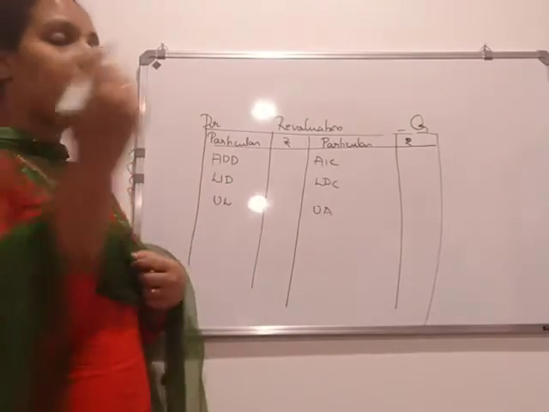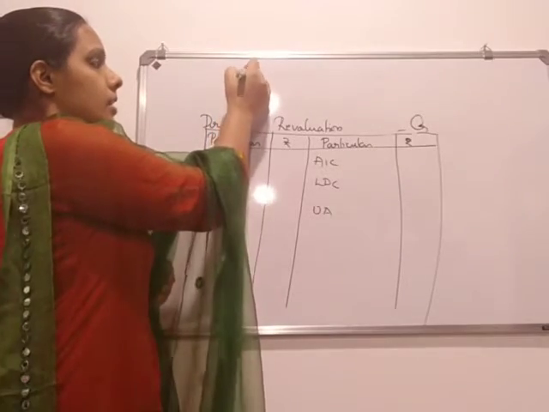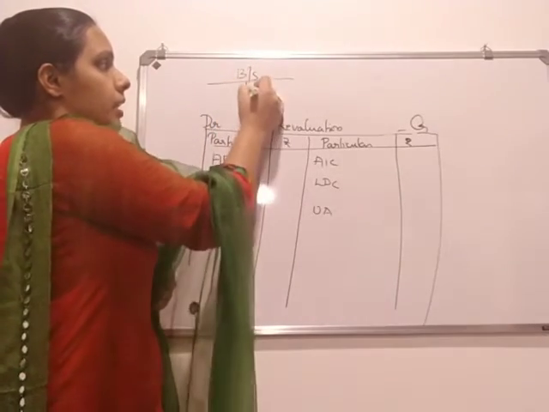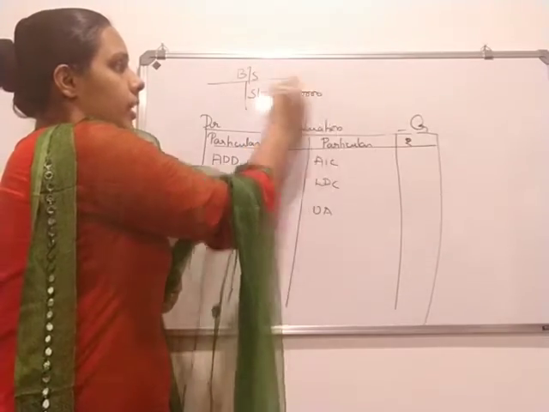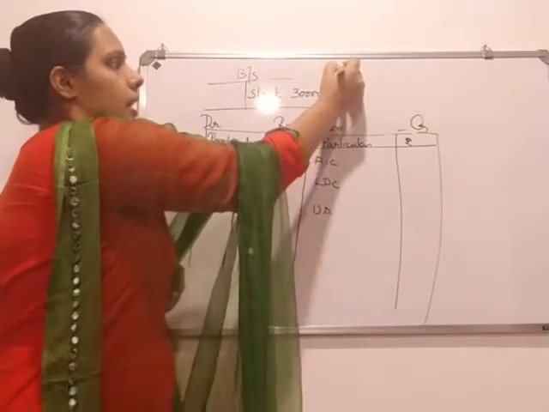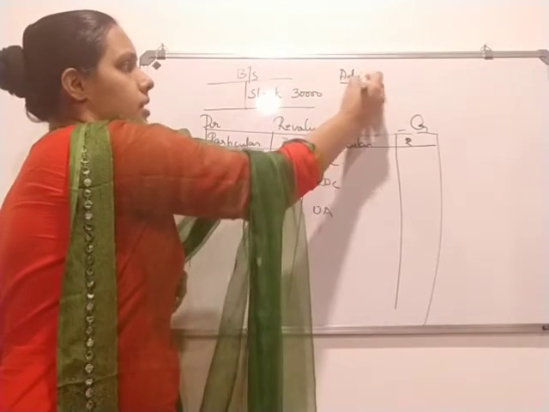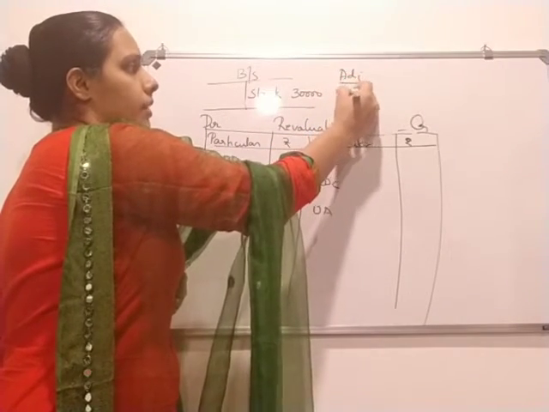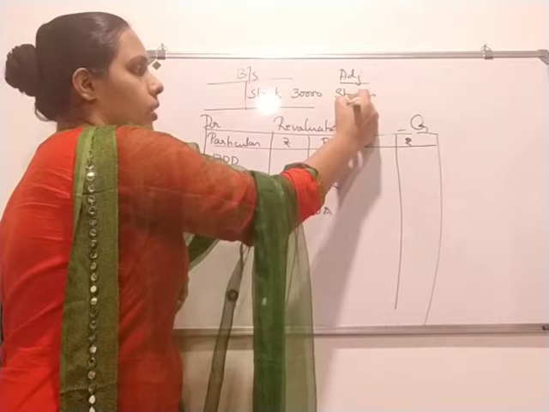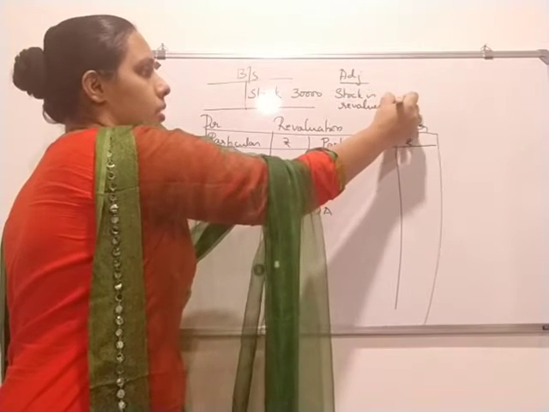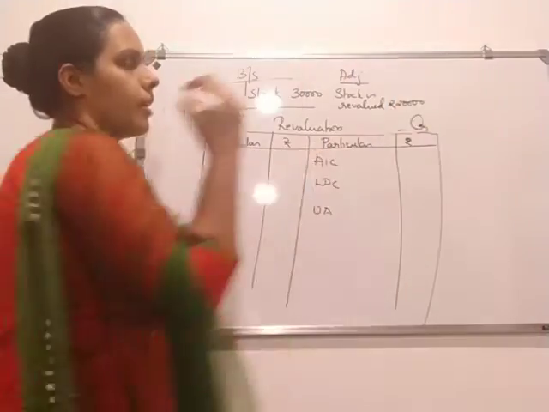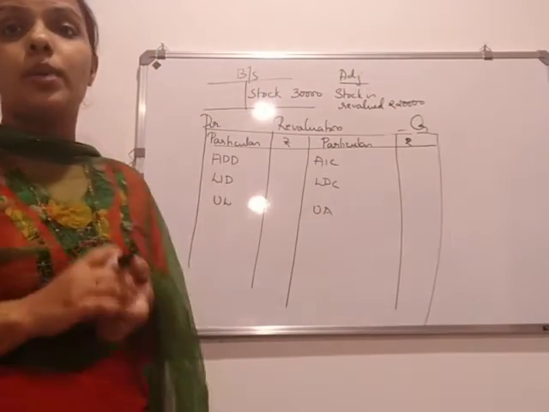Now, for example, in a balance sheet the book value of the stock is 30,000, and in the adjustments it is given that stock is revalued at rupees 20,000.